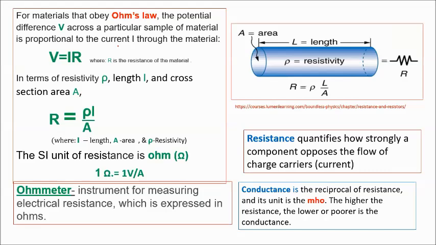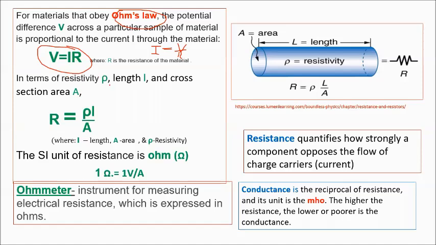So one of the most important and basic laws of electrical circuit is Ohm's law, which states that the current passing through a conductor is proportional to the voltage over resistance, or simply V is equal to IR. So again, V is for voltage, I is electric current, and R is for resistance.